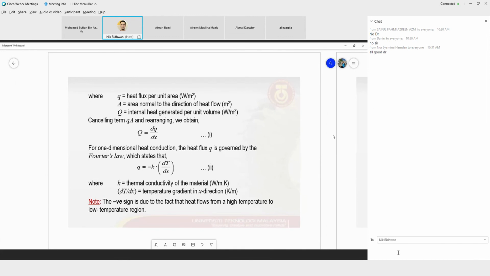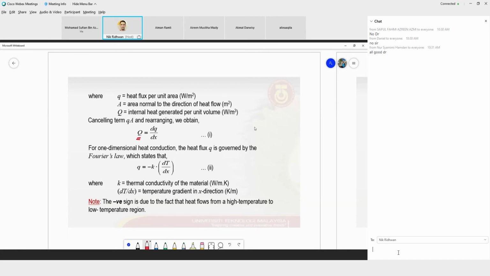If we apply this energy balance equation, it will give us the term for the internal heat generation, which is given by capital Q equal to dq over dx.